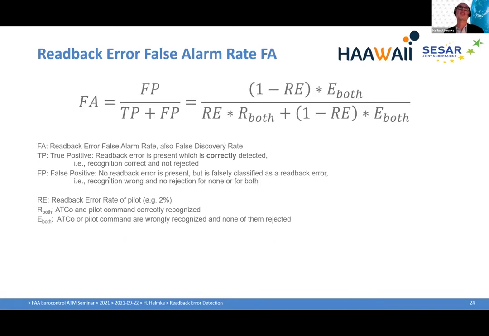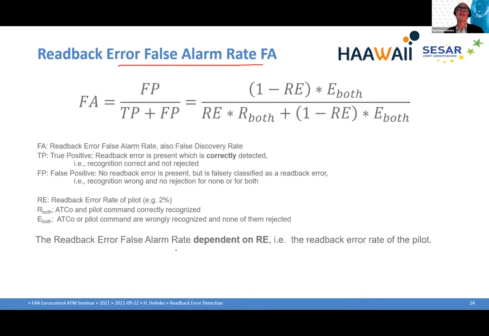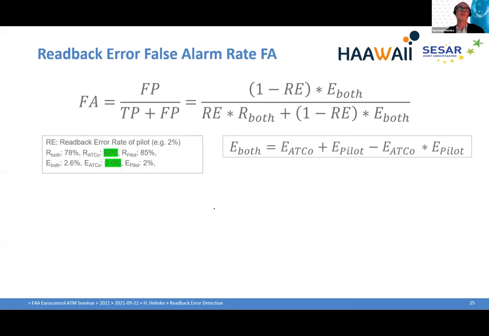Let's look at the more challenging part, the readback error false alarm. Don't look at the formula. You just see that here the false alarm rate depends on the frequency of readback errors. If you have 5% of readback errors, the false alarm rate will be lower than if you have only 1% of readback errors in your environment.